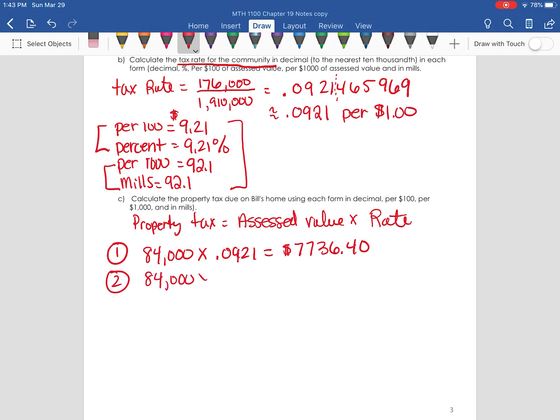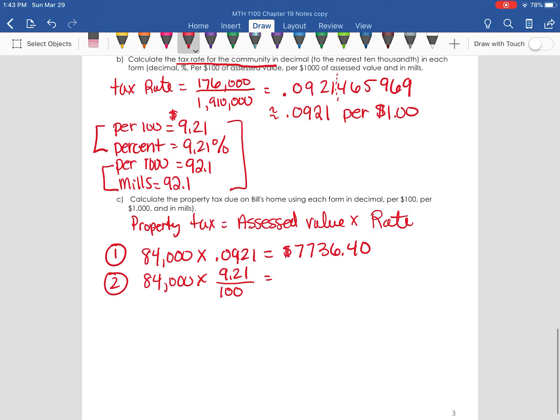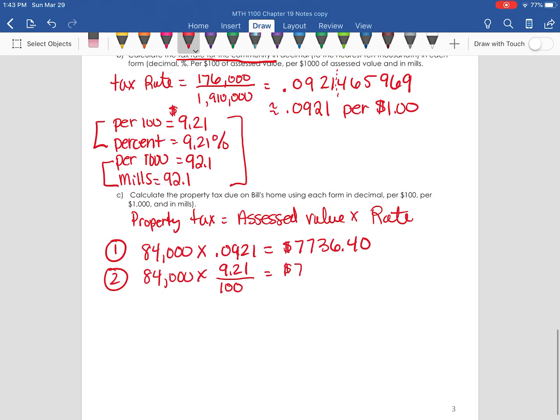Now, if we do this per 100, that means we're going to take 9.21, which is the tax rate for per 100, and divide it by 100 because it's for every $100 of the $84,000. I'm going to take $84,000 times 9.21 and divide by 100. And that should give us the same amount, which it does.